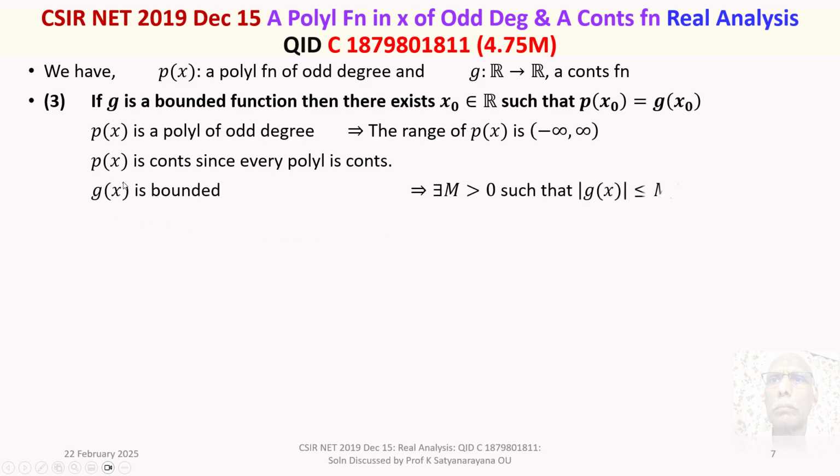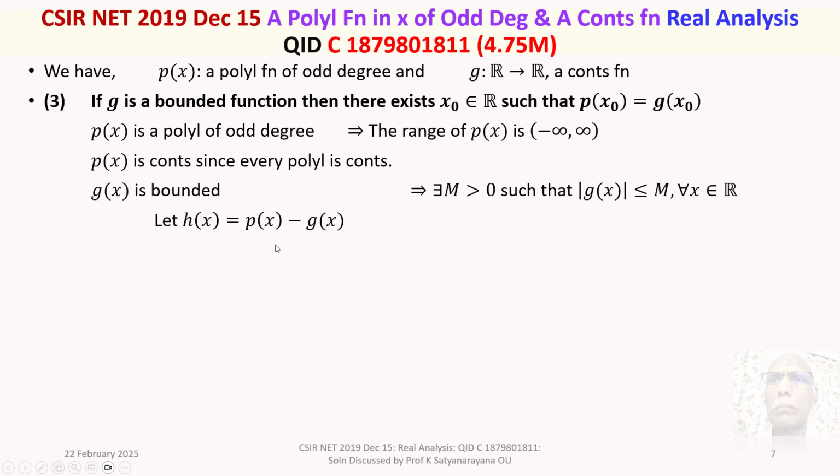G of x is a bounded function, meaning there exists capital M greater than 0 such that mod of g of x is less than or equal to capital M for all x belongs to R. Now, let h of x be equal to p of x minus g of x.